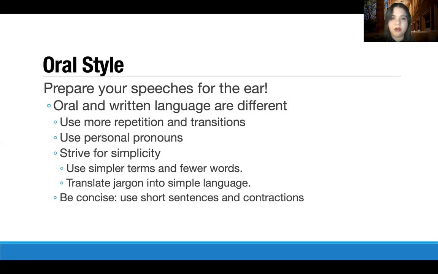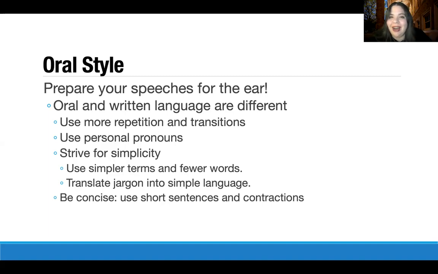A couple other minor differences that may or may not always apply are that when we speak, we typically use personal pronouns like I or we. When you're writing, particularly in academic writing, you don't encounter that as often. When you read a research paper for one of your classes, it will probably say the research team did this, or the participants were interviewed by a trained interviewer, and that's the person writing the paper usually.